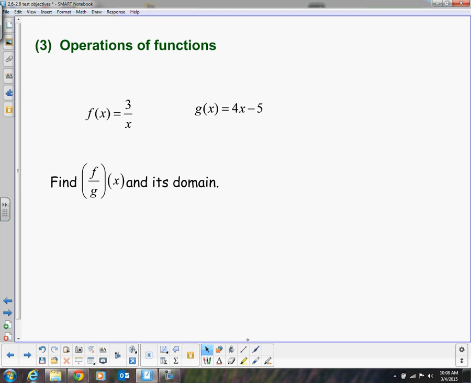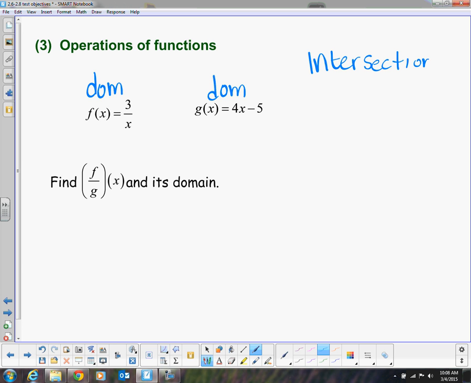On the operations of functions, the first thing you have to do is determine this domain, and this domain, and then you have to determine the intersection of the two domains. Any questions? That's where you start. And this is going to be the domain until the operation changes it.